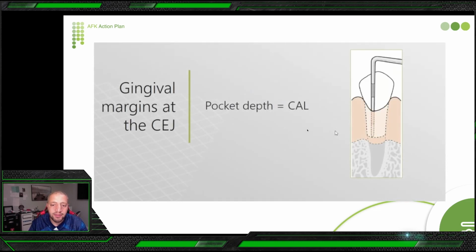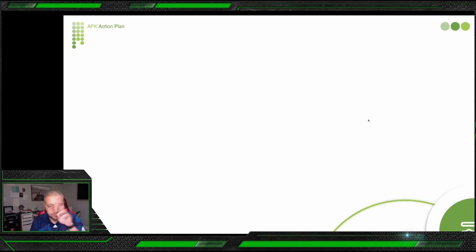The pocket depth equals clinical attachment loss in this situation, because some dentists get confused about when this information is true. It is true providing the gingival margin is at the cemento-enamel junction. When the gingival margin and cemento-enamel junction are not in the same location, you have a different scenario.